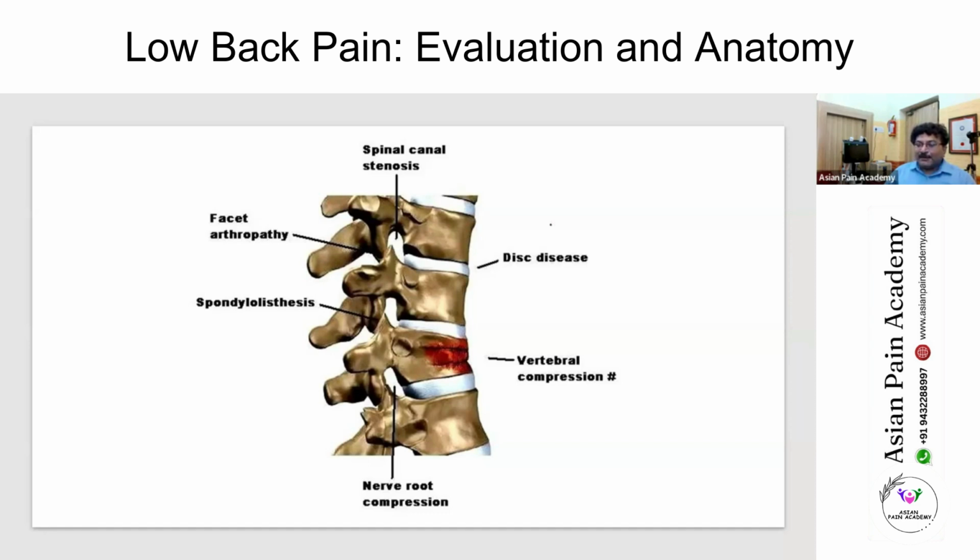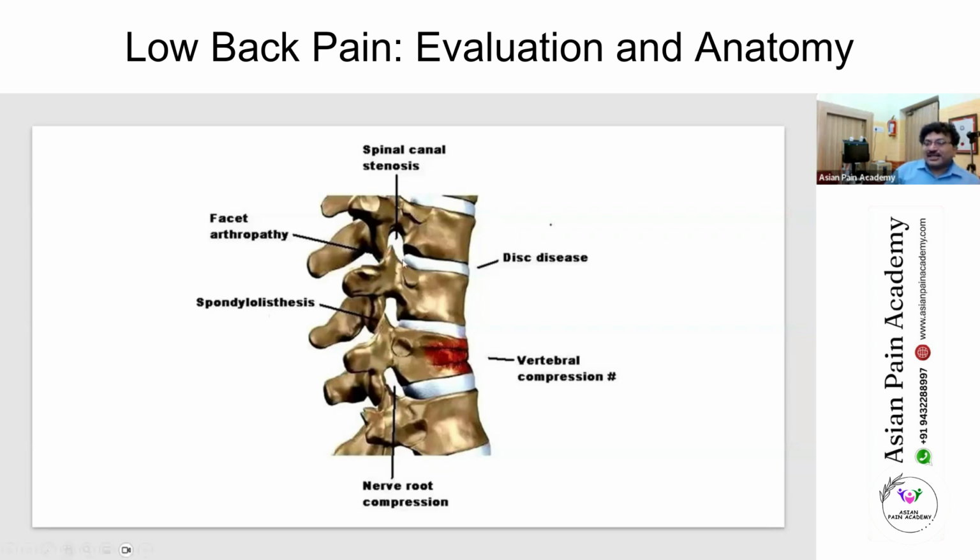Sometimes the term lumbar radiculopathy is also used interchangeably, but though those terms are commonly used interchangeably, the meaning is slightly different. In radicular pain, it is only pain. In radiculopathy, it means either reflex or motor weakness or sensory damage is there. Sensory is not that important, but I always say it is the motor weakness and the reflex action. They are more important, and that damage is usually called radiculopathy.